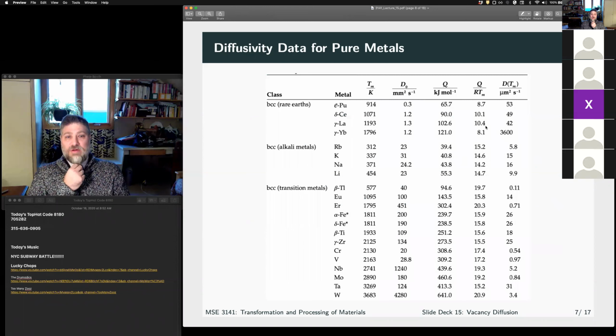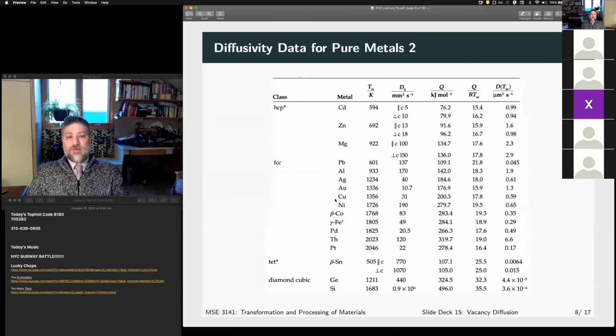Right. So here we just have some of the diffusivities and some data broken out by classes. This is just right from the reading.